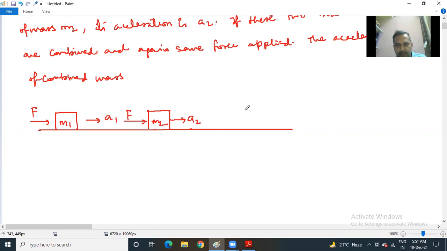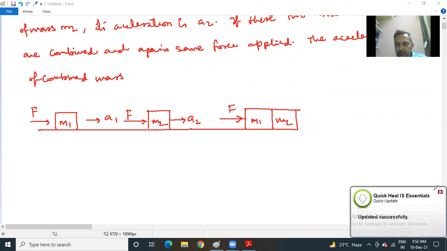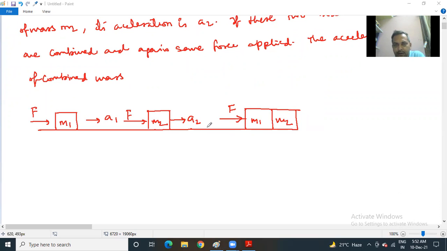Suppose the bodies are combined like this. So this is m1, this is m2. Same force once again applied. So what is the acceleration? A is the question mark.